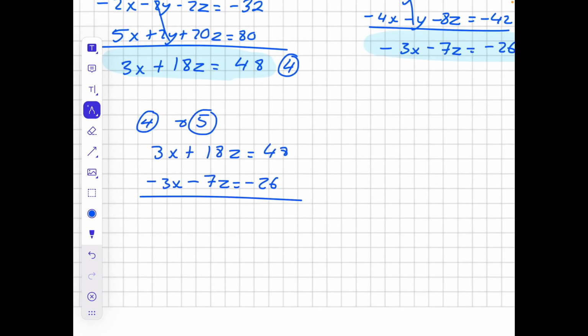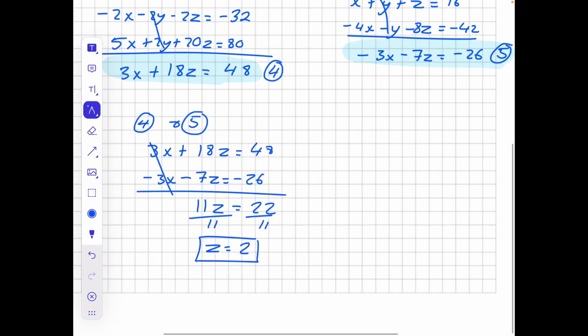Now this is, I guess, best case scenario. We actually don't have to do any work here. The x's cancel by themselves, and then we're just left with 18z minus 7z. That is going to give me 11z is equal to 48 minus 26, which gives me 22. Divide both sides by 11, z is equal to 2.